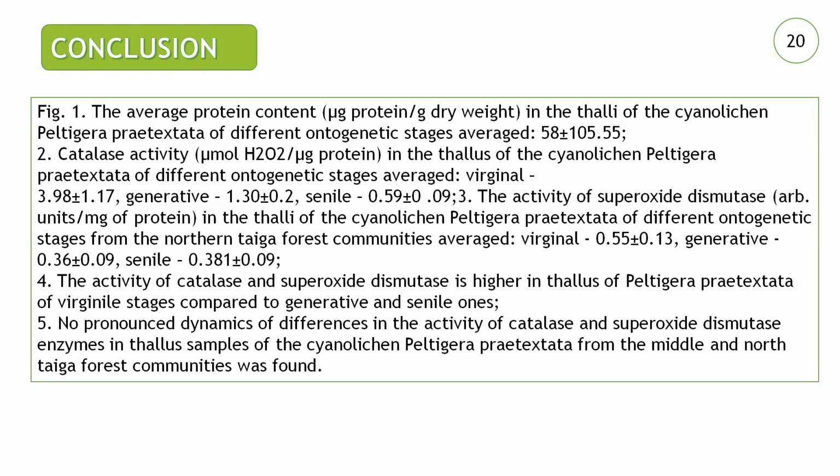No significant difference in the activity of catalase and superoxide dismutase enzymes was found among samples of thallus from different ontogenetic stages of Peltigera praetextata cyanolichen in the mid and northern taiga forest communities.